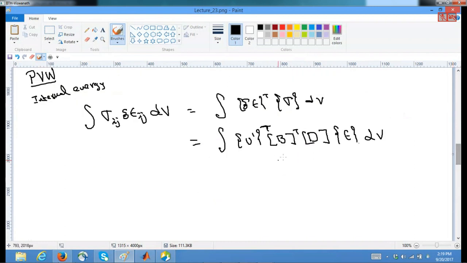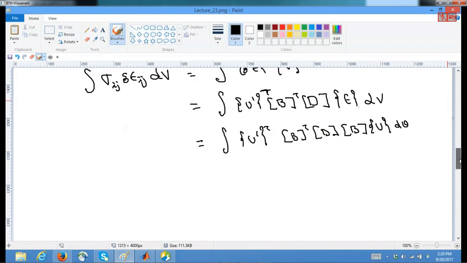Further, I can break this into U dash transpose B transpose D B times U dV.